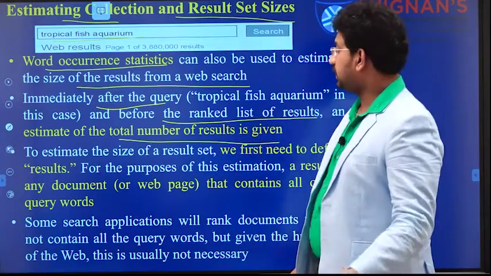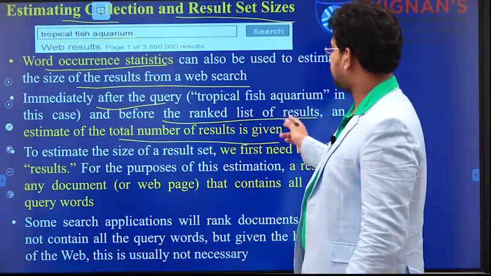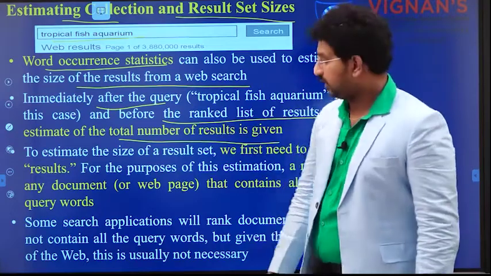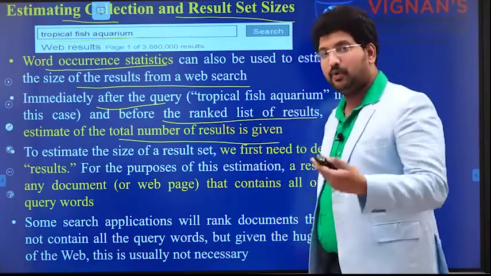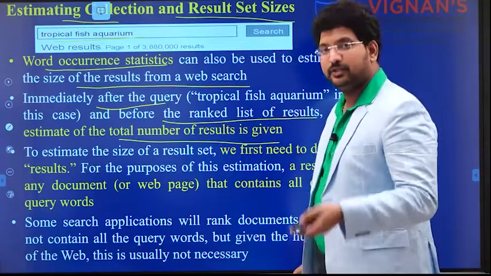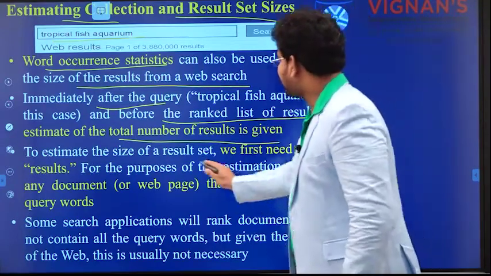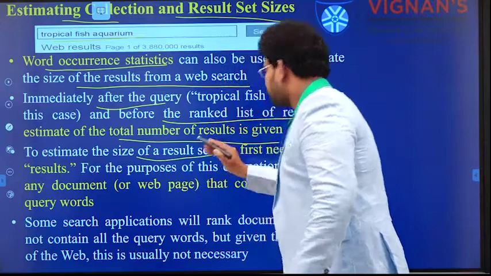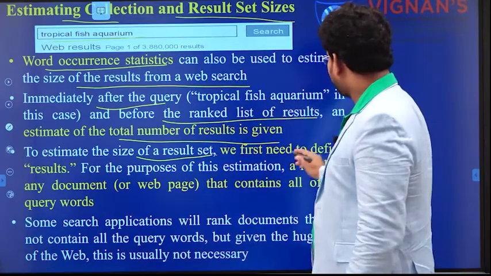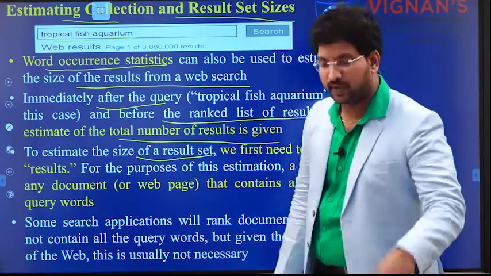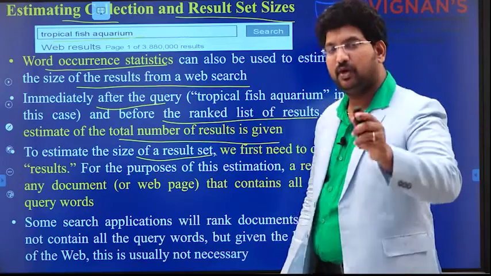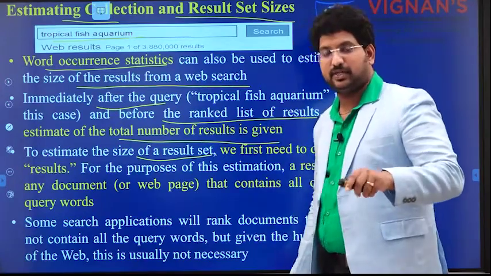Very good. Here we go into some more detail about it. To estimate the size of the result set, we first need to define results. What are we going to define? We first need to define the results.